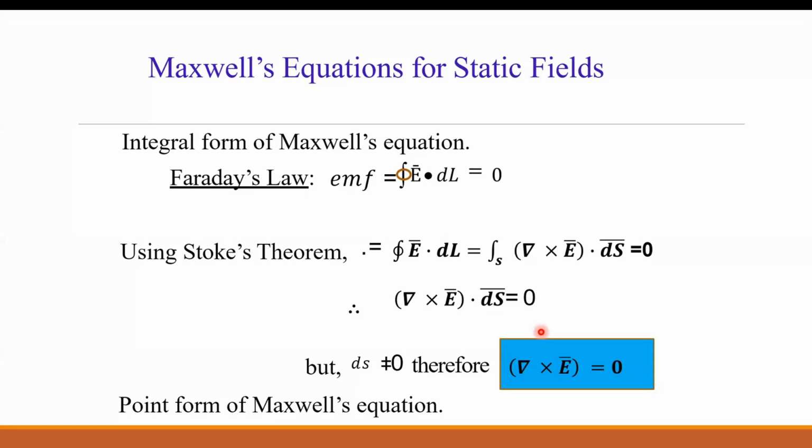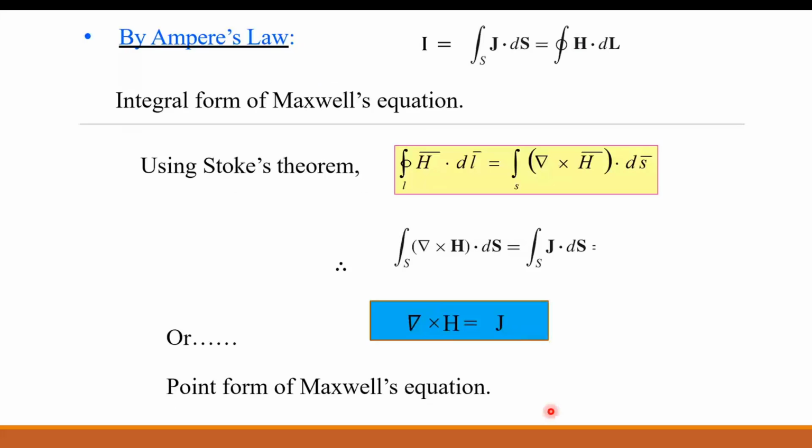The second Maxwell's equation relates H dl with I and J. According to Ampere's law, closed line integration of H dl is equal to I, and by Stokes theorem we know that closed line integration of H dl is equal to the surface integration of del cross H, that is curl of H, dot dS.